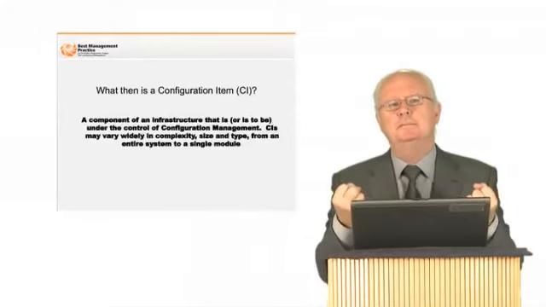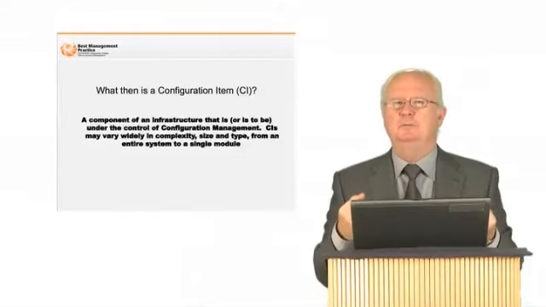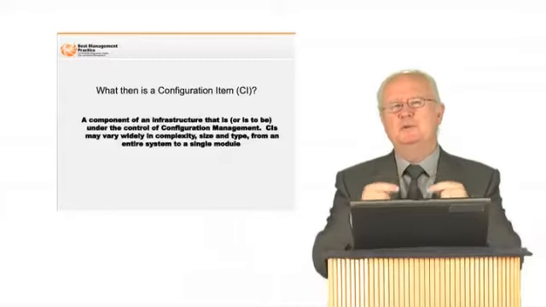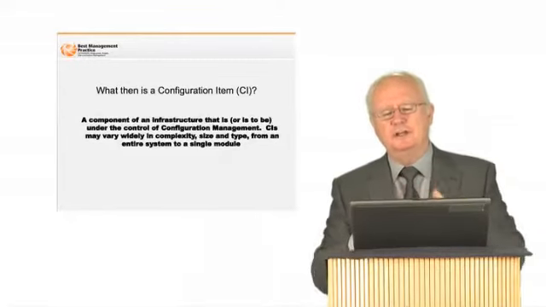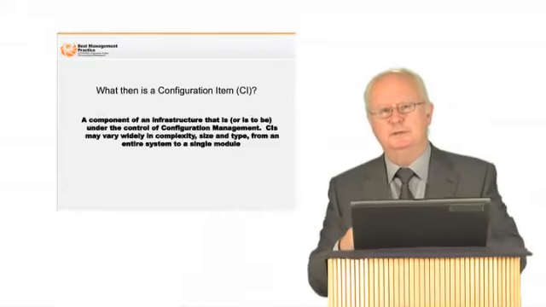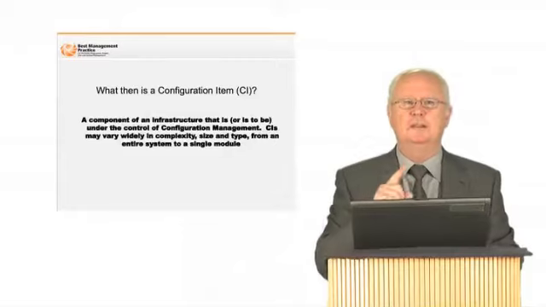If I don't have configuration management, then I have the problem of, well, which bits could I do? How do I do it? So what we do is we measure on components. A configuration item contains all the information about the individual components, and most important, their relationship to the other components.